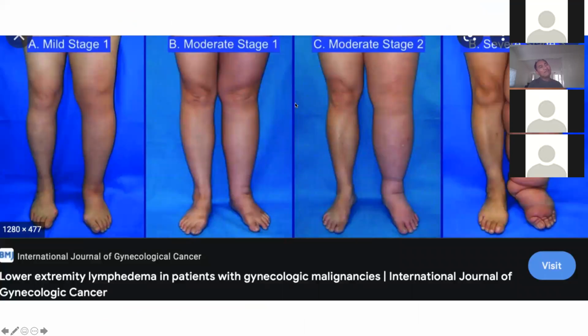So let's say there is a blockage in the lymphatic system, starting from the lymphatic capillaries, then lymphatic vessels, then lymph nodes, then lymphatic trunks, and then lymphatic ducts. If there is any blockage in this lymphatic system, what is going to happen?